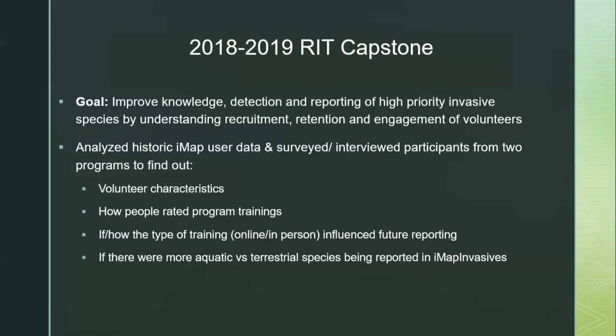And then we also surveyed and interviewed participants from 2 different programs to look at volunteer characteristics in these programs, how people rated different program trainings, if and how the type of training they received influenced their future reporting for invasive species, and if there were trends in aquatic or terrestrial species being reported in iMapInvasives. Next slide.